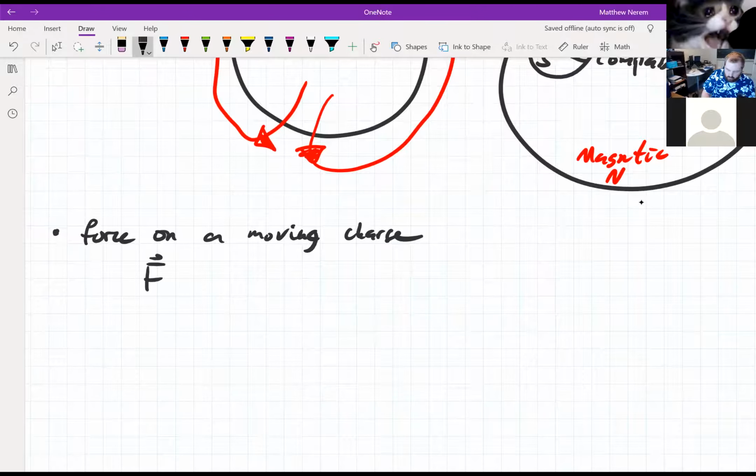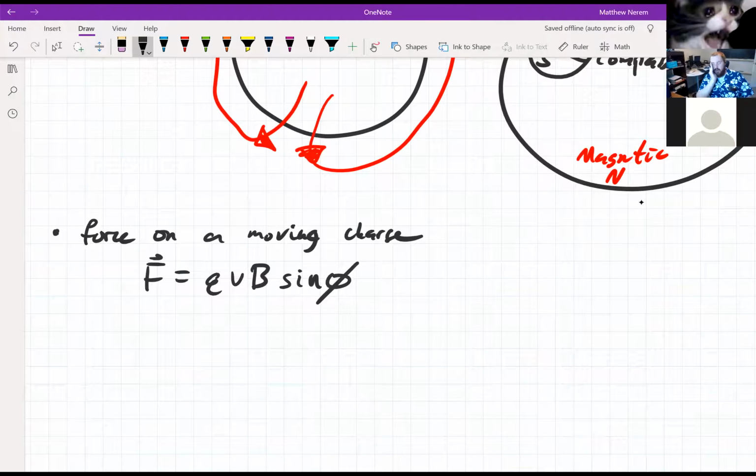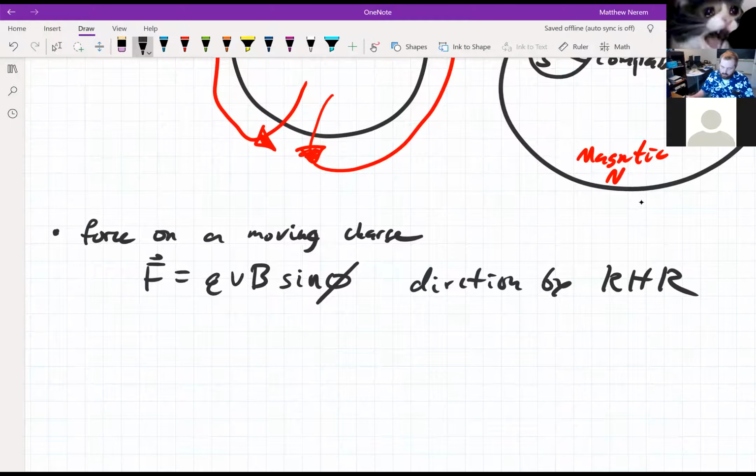F is Q V B sine phi. The angles are always going to be 90 degrees, guys. We always make the angles nice and 90 degrees, but I put it there for completeness. Your direction by right hand rules.